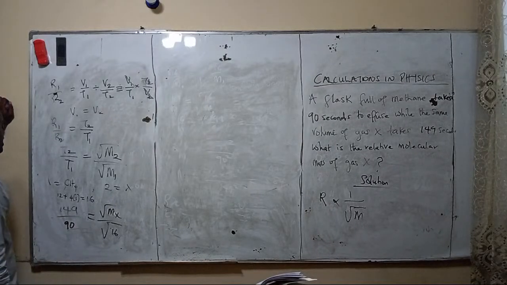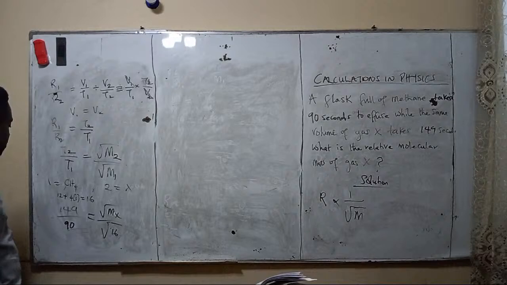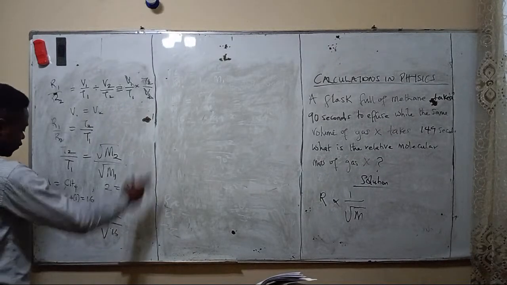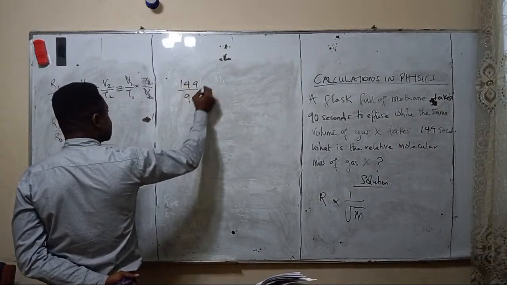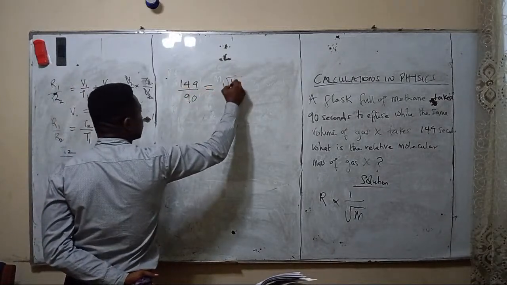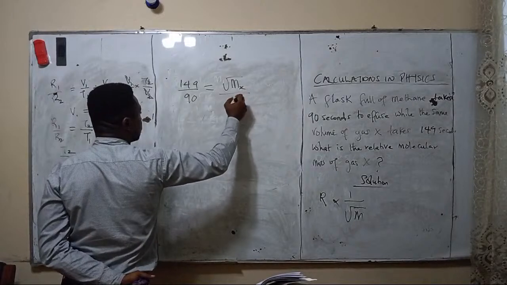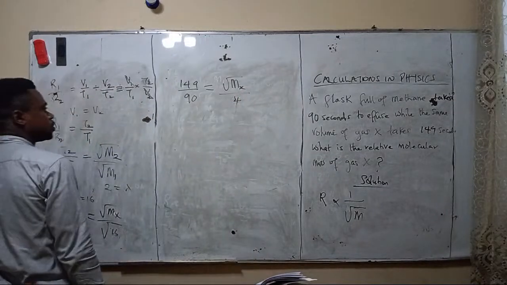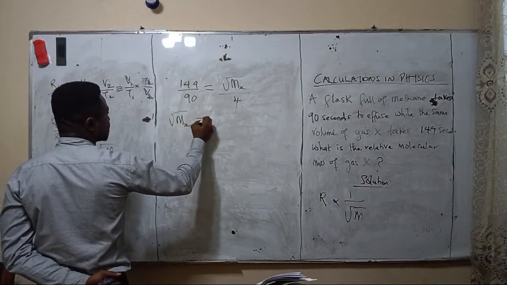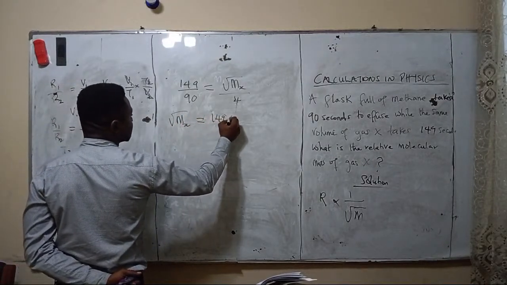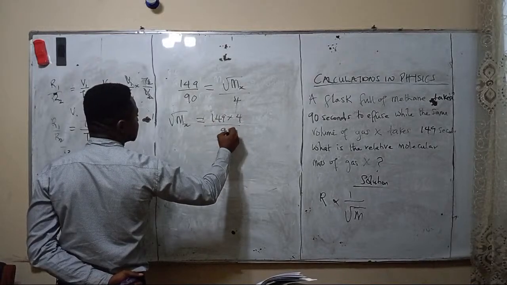So we can easily solve this now. I think here is simply 4. So we have 149 over 90 is equal to square root of M subscript X over 4. Good. So if you multiply, square root of M subscript X is equal to 149 times 4 over 90.